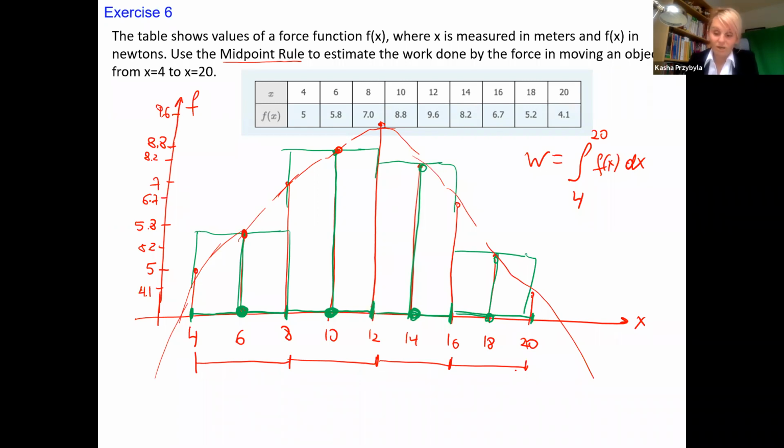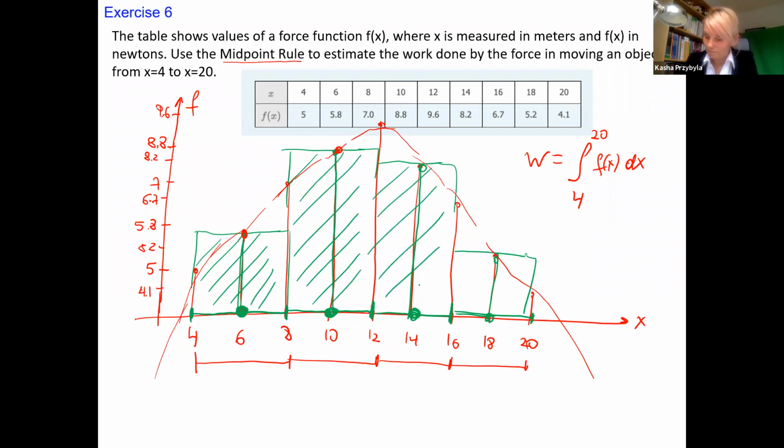And what I have to do is just find the area, because again, integration means the area under the curve. That means we need the area of this rectangle with the midpoint 6, with the midpoint 10, and it's pretty much a good approximation.